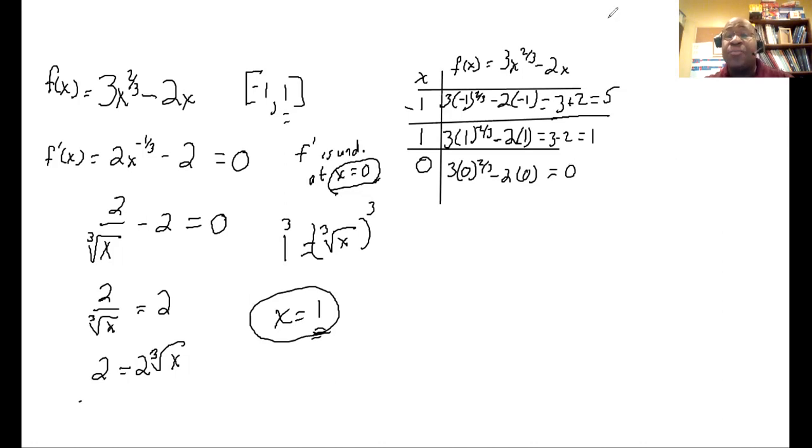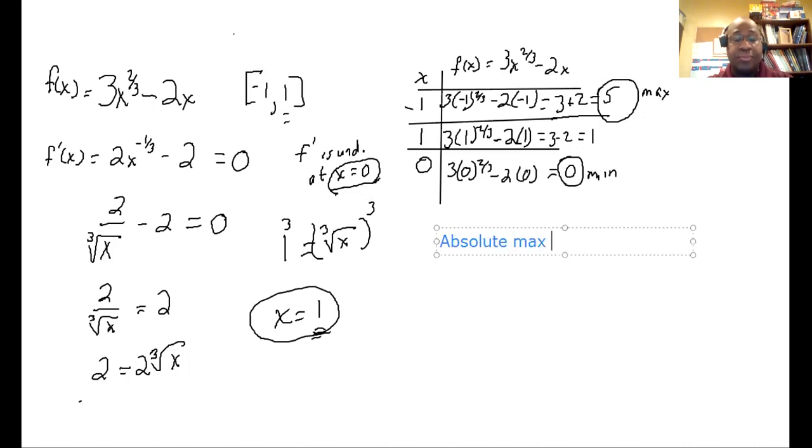And so now, what do we have? +5, that's our greatest y value. So that's going to be our maximum. And then 0 is going to be our lowest y value. So that's our minimum. And so to answer the questions here, we have an absolute maximum, which is equal to 5 at x equals -1.